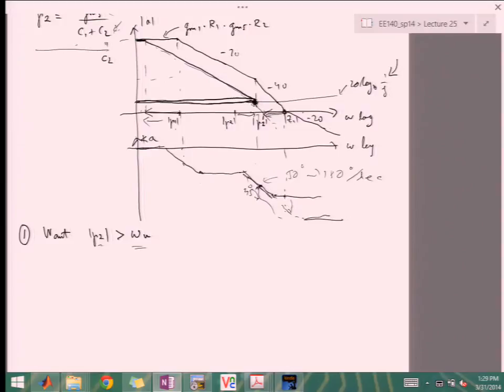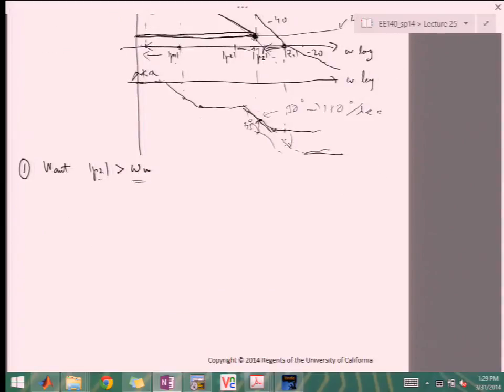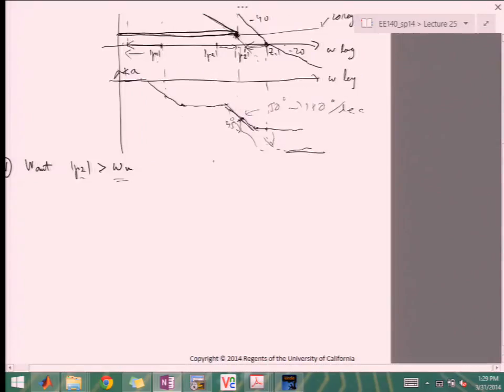Right? So if you take a look at that, just in terms of the gain, we said this was GM1, R1, GM5, R2, and then it starts going down. Let's call this now in the log scale.